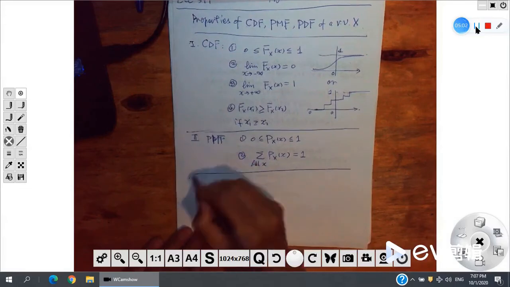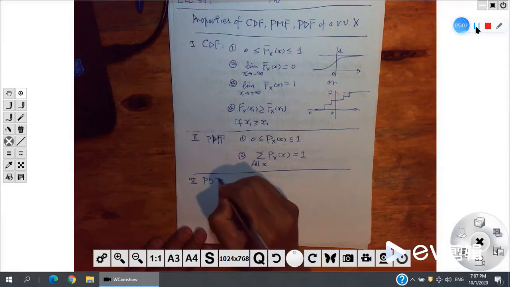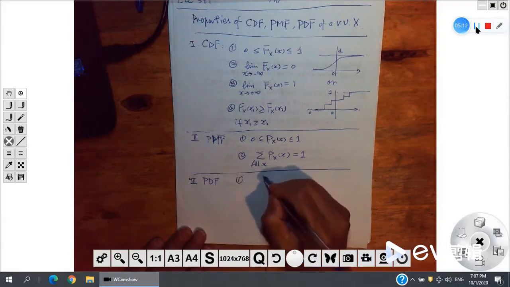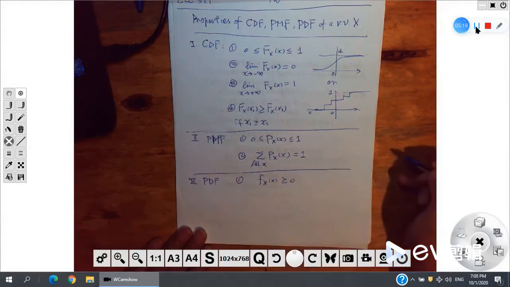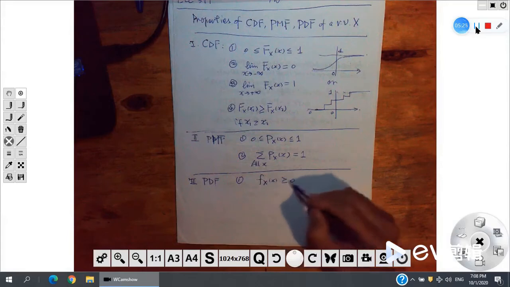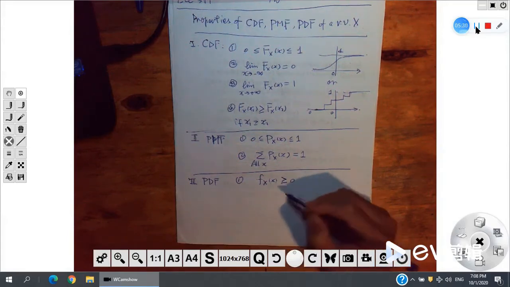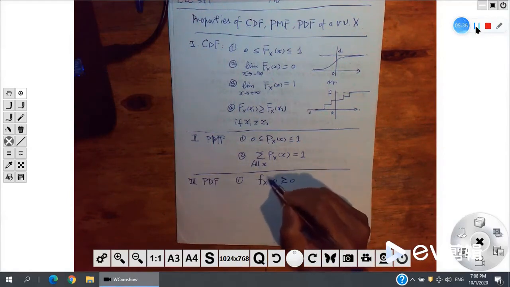This is for PMF. Now for the density function, the third one, the PDF. For PDF, we also have two things. The first one, f_X(x) is larger than or equal to 0. Here this is density. This is not a probability. This is a probability density. The density will be a positive value or might be 0, no negative value, and maybe it is larger than 1. We do not have the upper bound property.